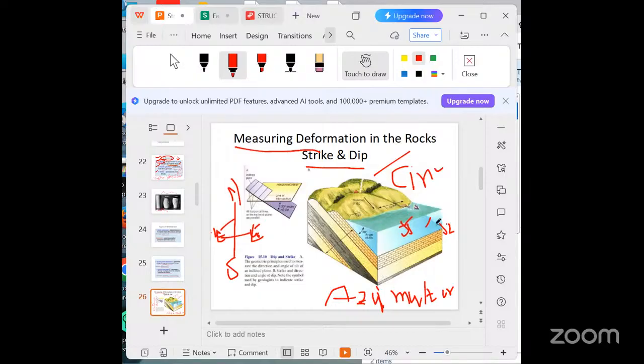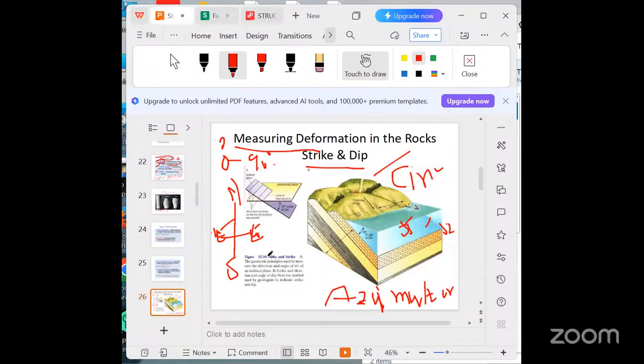Inclination is the angle between an inclined line or plane and the horizontal. Its value may vary from 0 degrees to how much? 90 degrees. So the trends are measured with the compass, right? And inclinations with the clinometer, which is located inside the compass.